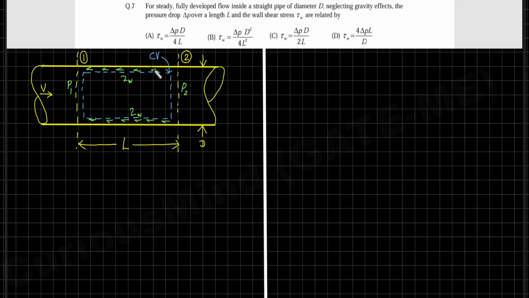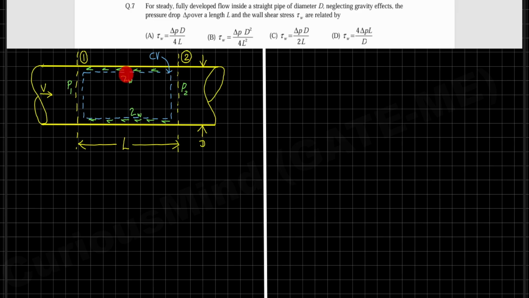alright. So at the interface between the fluid and the pipe there exists a relative motion or slip, alright, because of the relative motion between the fluid and the inner surface of the pipe. That is why this wall shear stress develops at the interface, which acts in the opposite direction of the fluid velocity on the fluid and in the direction of the fluid velocity on the internal wall of the pipe, alright.